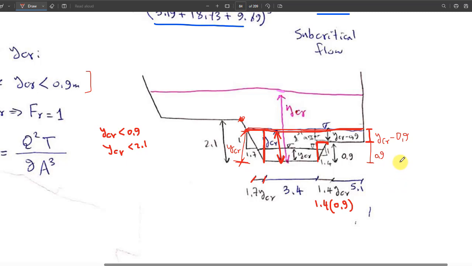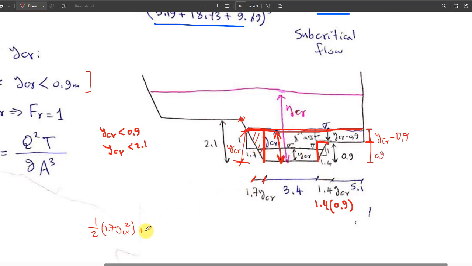So what can we say about that then? Taking the areas. Taking the area of this triangle, how much will it be? Half times 1.7 y critical squared. Okay, plus. What is the next?